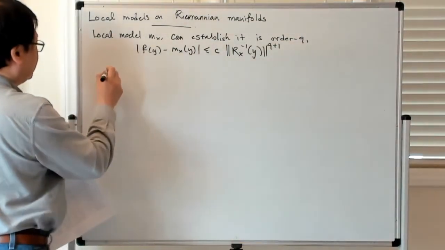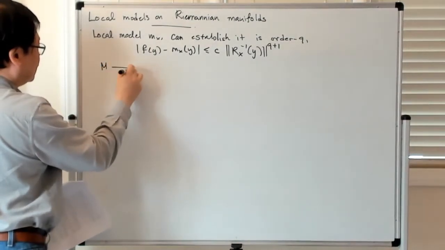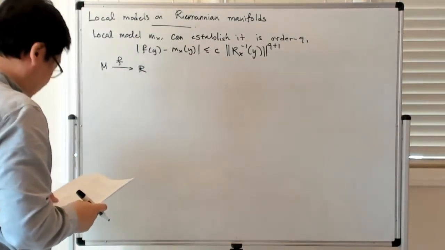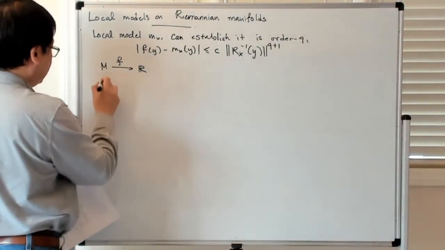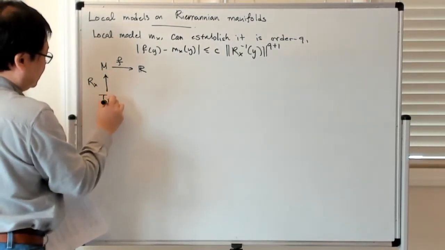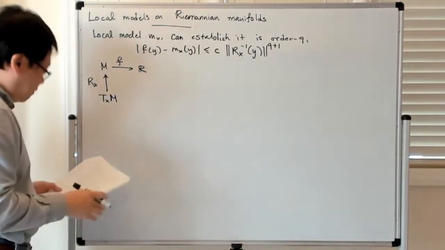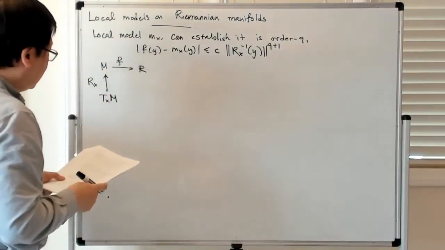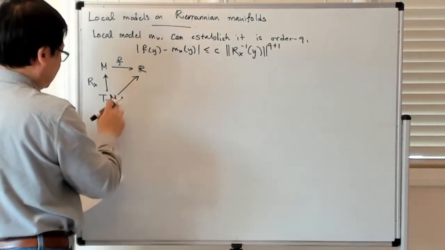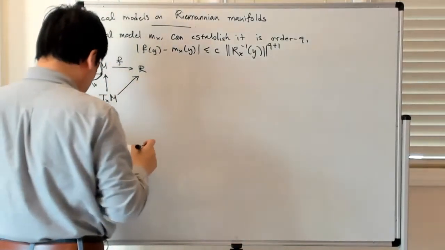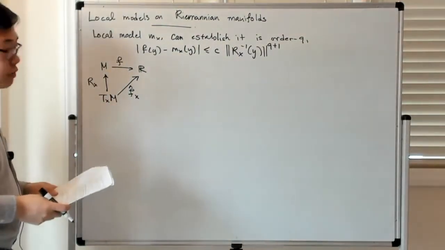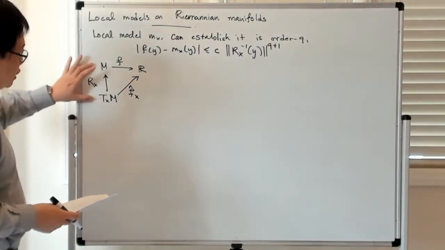And of course, the way you do this is that you have obviously a map from M to R, which is the function f. And you know that you have a retraction, R_x, which maps the tangent space at x to M, at least locally. It's natural to look at a function f hat of x, which is the local representative of the function f with respect to this retraction.